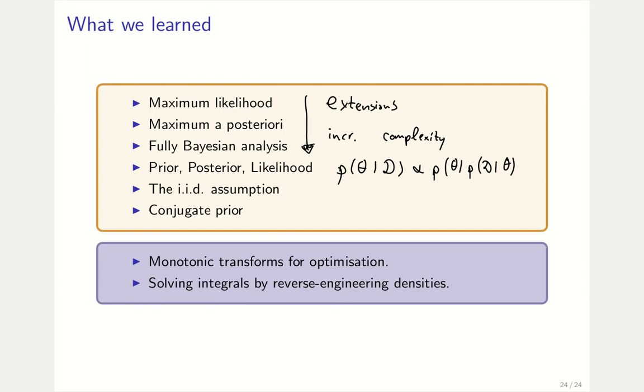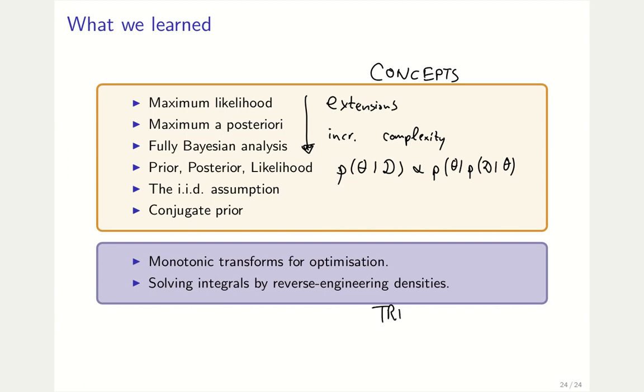But it's important to remember that the iid assumption actually allows us to extrapolate from previous data to unseen experiments. And then we also talked about the conjugate prior, which is a reasonable choice for the prior because it eases calculations, among a lot of other nice features that conjugate priors have. So these were the concepts that we were talking about in this lecture and that you should keep in mind.